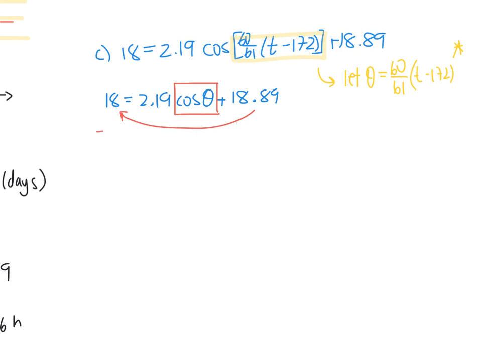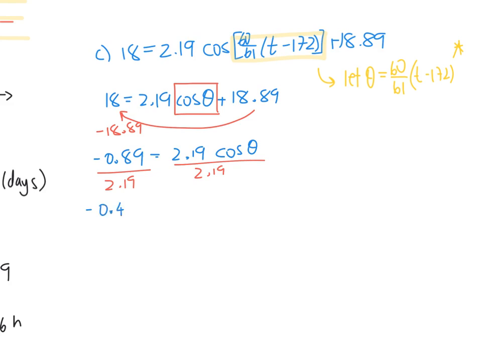So I'm going to subtract 18.89 from both sides, and when I do that, I'm left with negative 0.89 equals 2.19 cos theta. And now I'm really close. I've almost isolated for cos theta. I just have to divide both sides by 2.19. And when I do that, I get negative 0.4064.